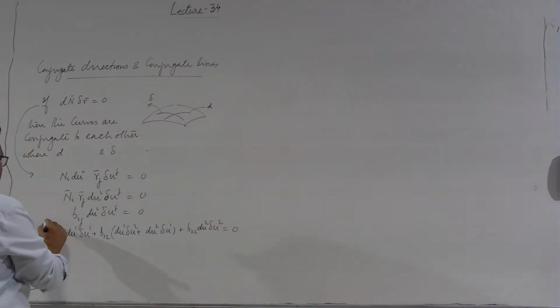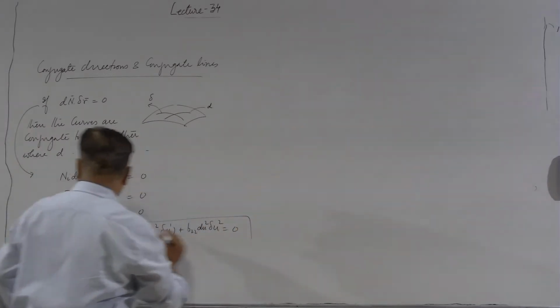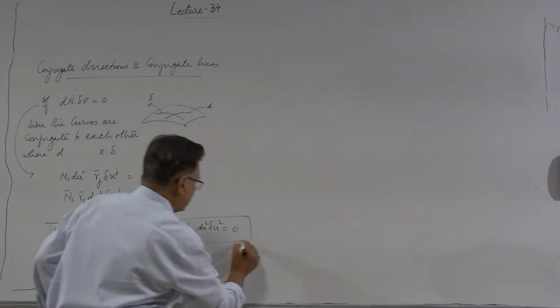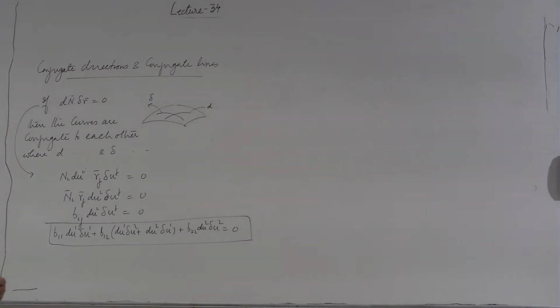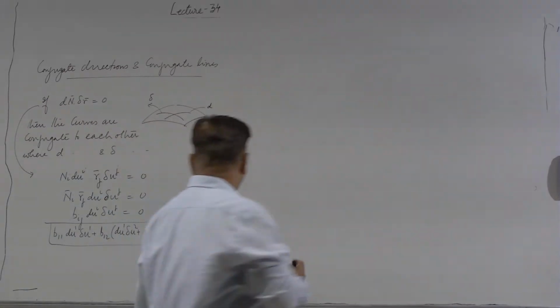So, this is the condition for two curves to be conjugate to each other. If their tangents are conjugate, we say that the two directions are conjugate directions. One can see from the first line that this relationship is a mutual relationship. If curve 1 is conjugate to curve 2, then curve 2 is conjugate to curve 1. That is why we say that the two curves are conjugate to each other.